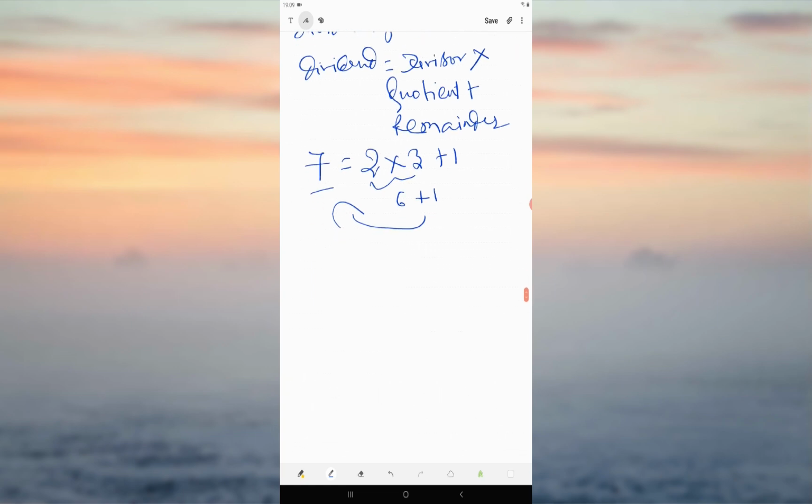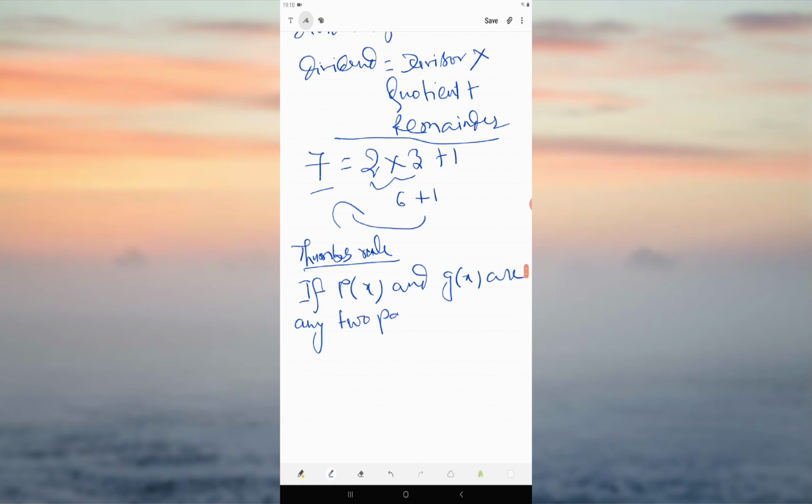Then move on to polynomials. With the same formula, if you are going for the polynomial case, the thumb rule is, the important point which you should note down: if p(x) and g(x) are any two polynomials with g(x) not equal to 0.